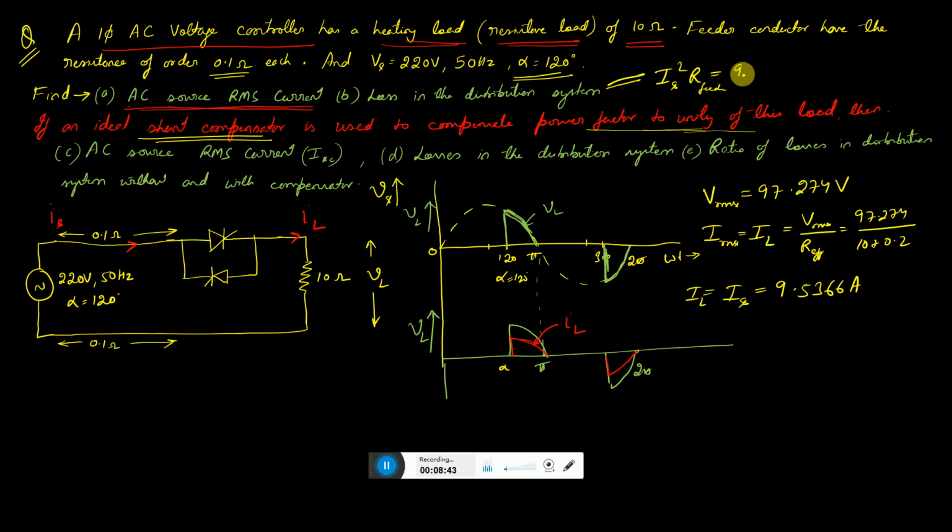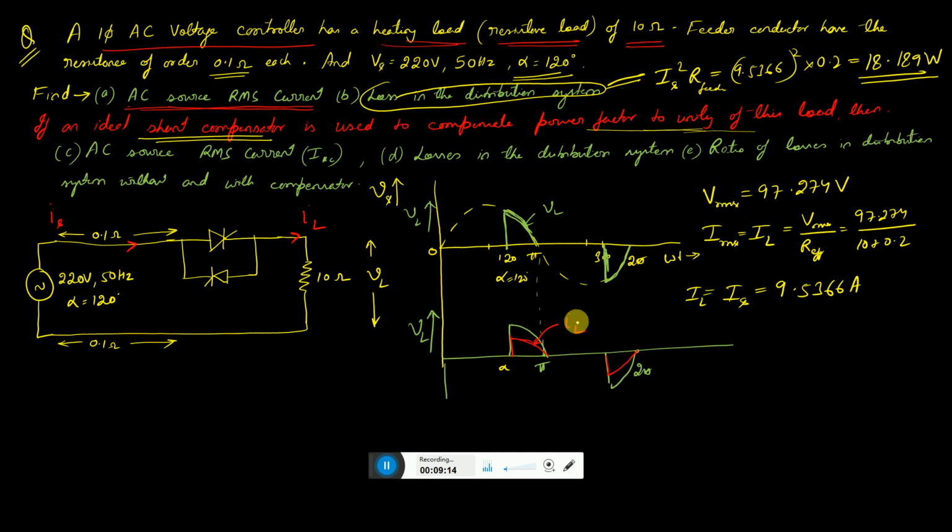So it is 9.5366 squared into 0.2, which will be equal to 18.189 watts. So this is the power loss in the distribution system, 18.189 watts.